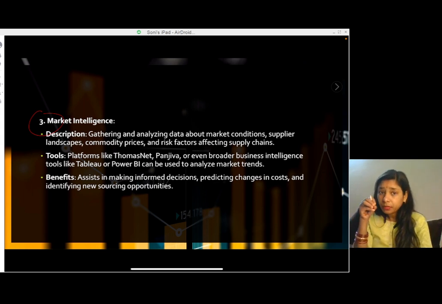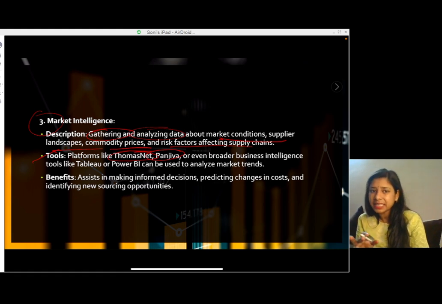We need data analytics which can help us to gather and analyze that data, and by that we can know the market condition, the supplier landscape, and the commodity prices, and the risk factors that may affect the whole supply chain. So what are the platforms that are used? Mostly Thomasnet and Panjiva. These are the platforms which are used for business intelligence.